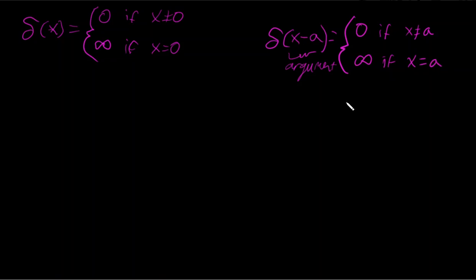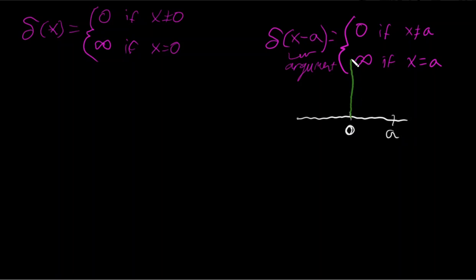So I'm going to go graph this. And I'm obviously not going to be able to graph it all the way up to infinity, but I'll do my best. My best would be just graphing it off the screen. Okay, so this is 0, and this is a, right? A can be anything. And if we think about it, the Dirac delta function, I'll do the delta function in green.